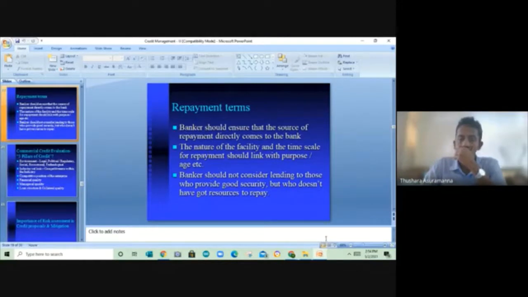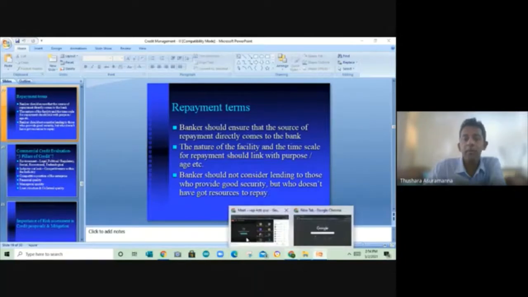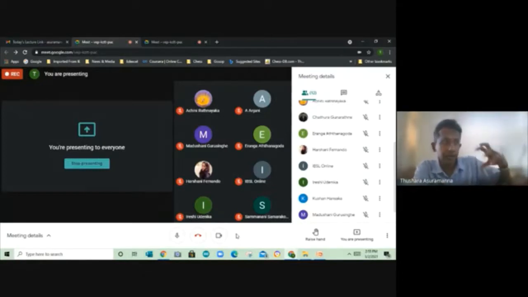Then the nature of the facility and the time scale for repayment should link with purpose. So that's why we try to do this in most working capital facilities. When we approve credit, that's why even the other day I was telling you, you try to provide the proper working capital facility to finance a proper item, which is stock.